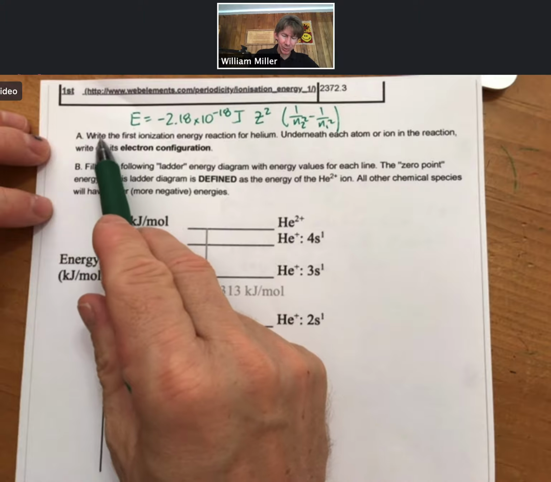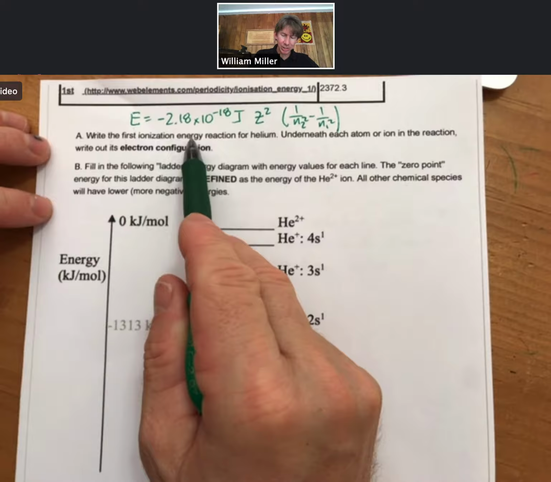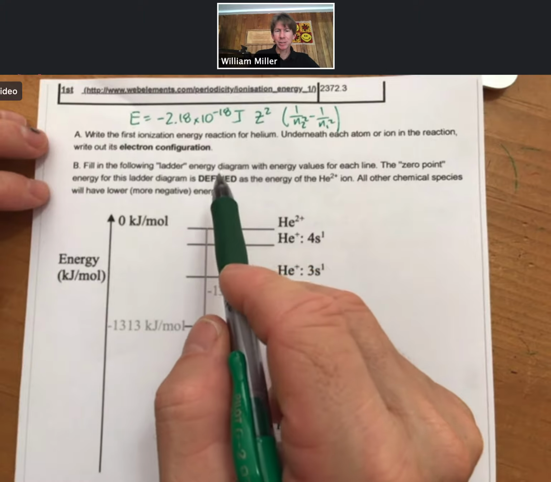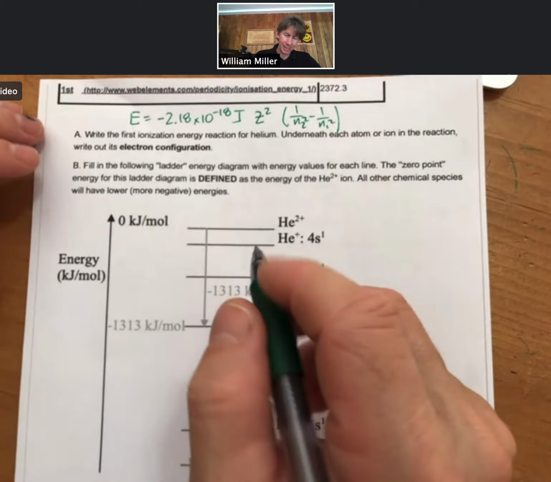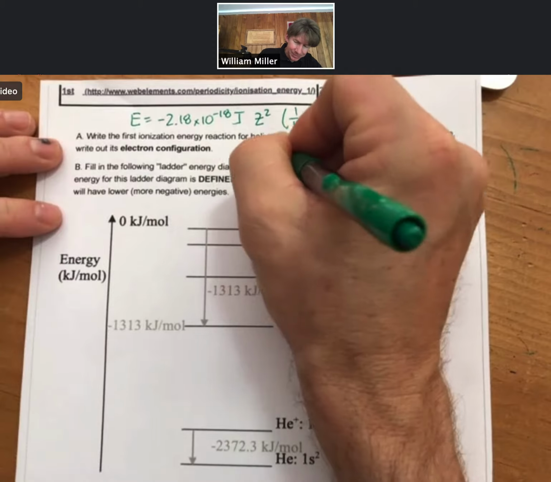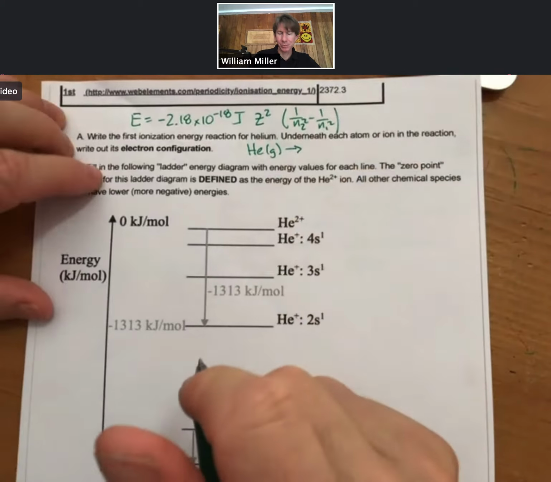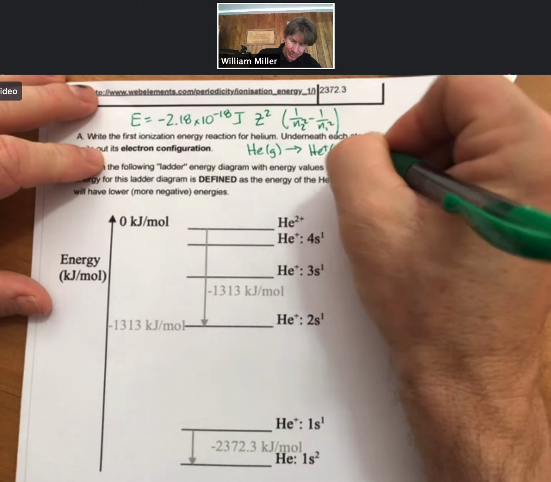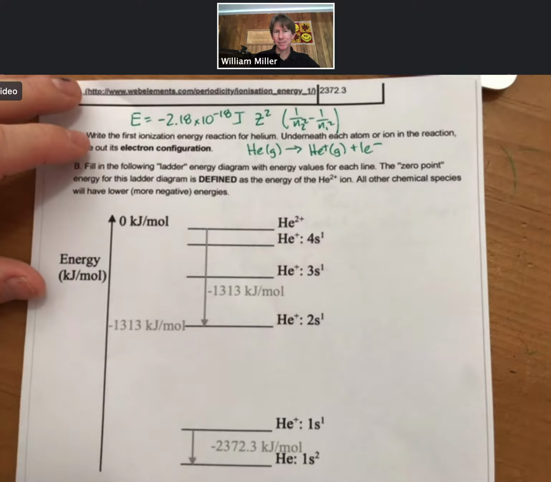Before that, I ask you to write out the first ionization energy reaction for helium. And ionization energy reactions are something that we've done before. In this context, I might as well do it. So helium gas goes to helium plus 1 plus 1 electron.